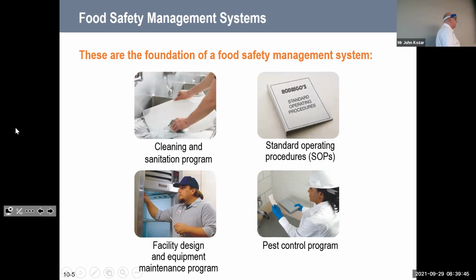Cleaning and sanitation program. How are we going to clean everything? We haven't talked about all the different chemical sanitizers yet. Standard operating procedures. You need to have standards in place. So in restaurants, the biggest example of setting standards is having written recipes.